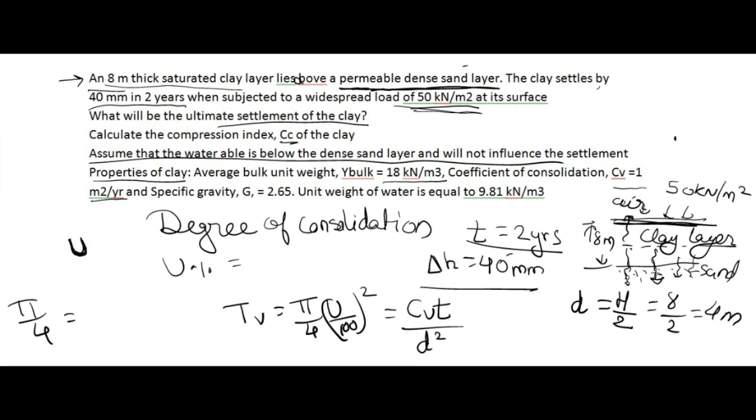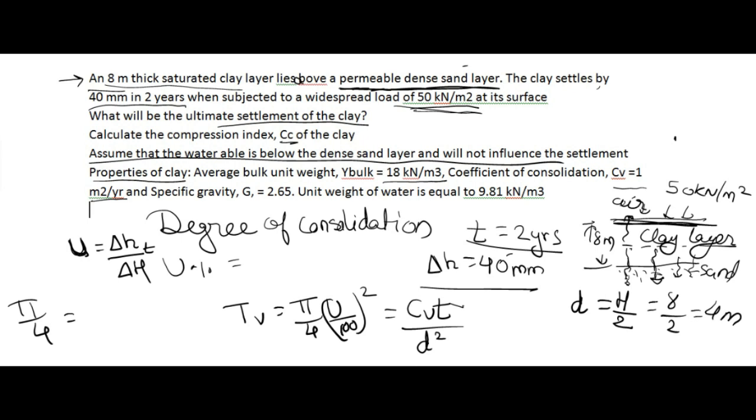U, as we have just seen, can be written as delta h at a given time t, divided by the total capital delta h, that is the total settlement or total consolidation.